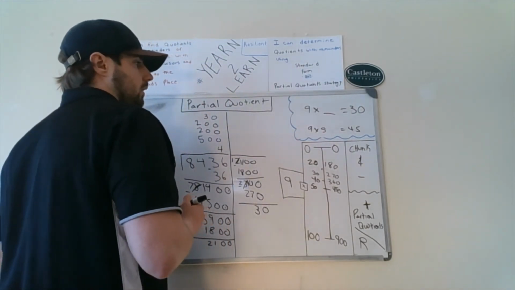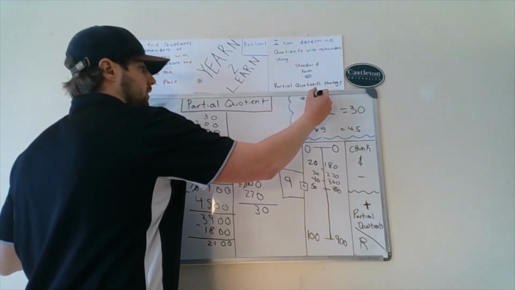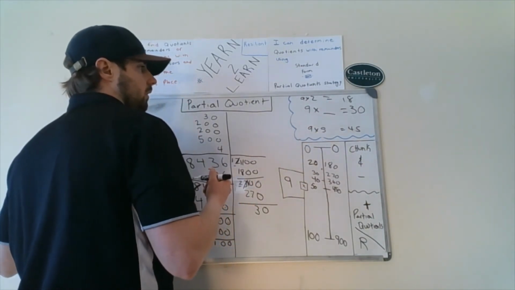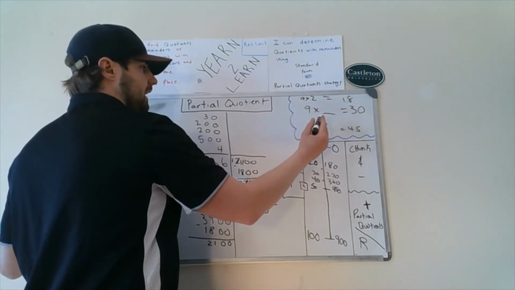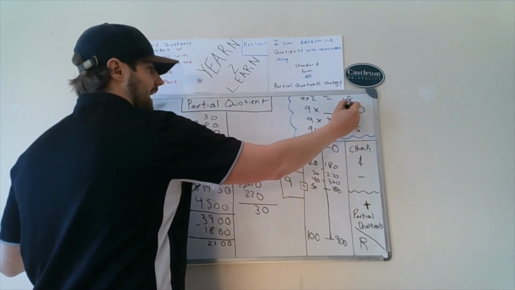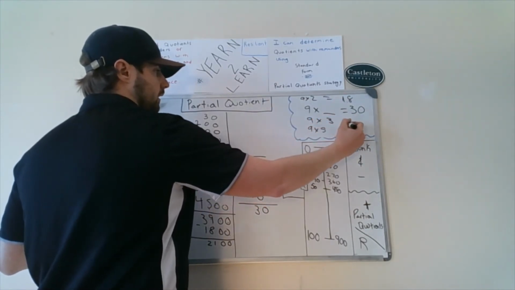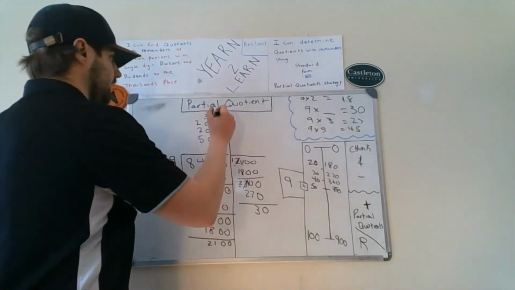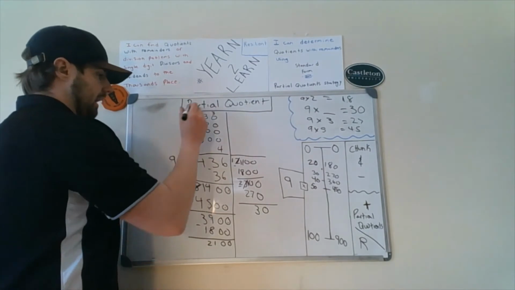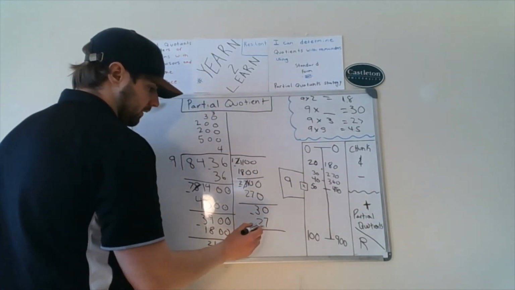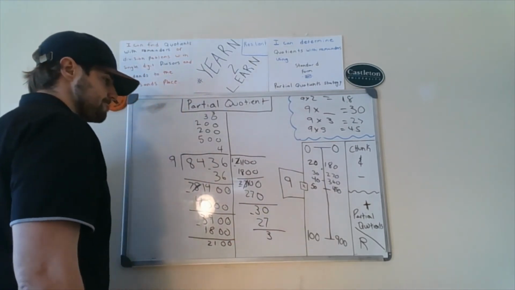And I know 9 times 2 is 18. So if I add 9 more to 18, that's like saying 9 times 3. I add 9 to 18. That's going to give me 27. That is awful close to 30. Let's chunk out that 3. 9 times 3 is 27. 30 minus 27 is going to give me 3.